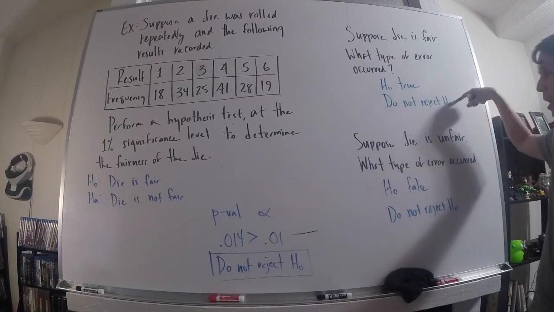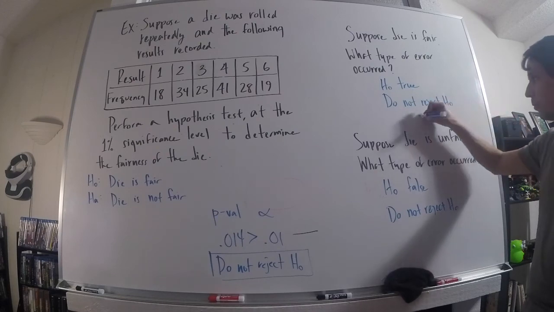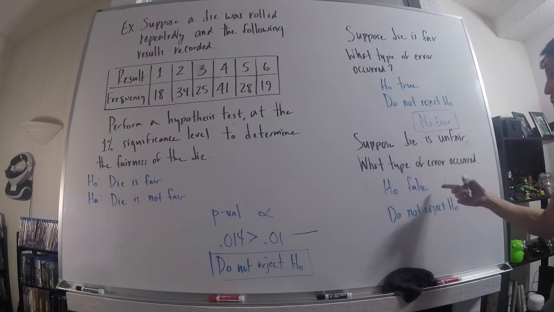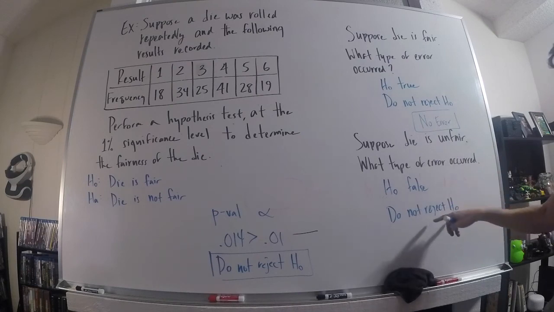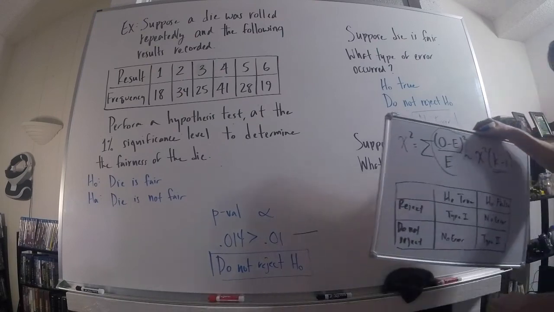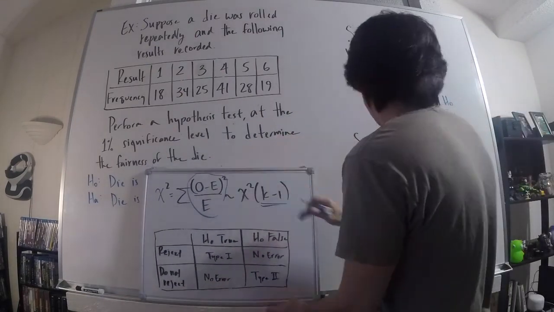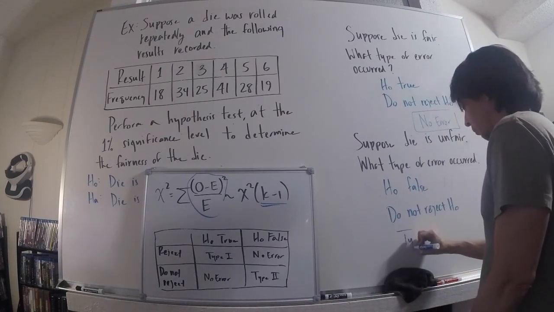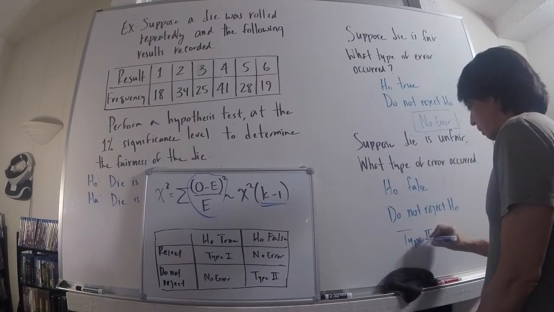It was true, we kind of accepted it. That's the correct decision. Here it was false, and we kind of accepted it. We accepted a false statement. That was a wrong decision. Type of error? False, do not reject. Type 2. And we're done with everything.